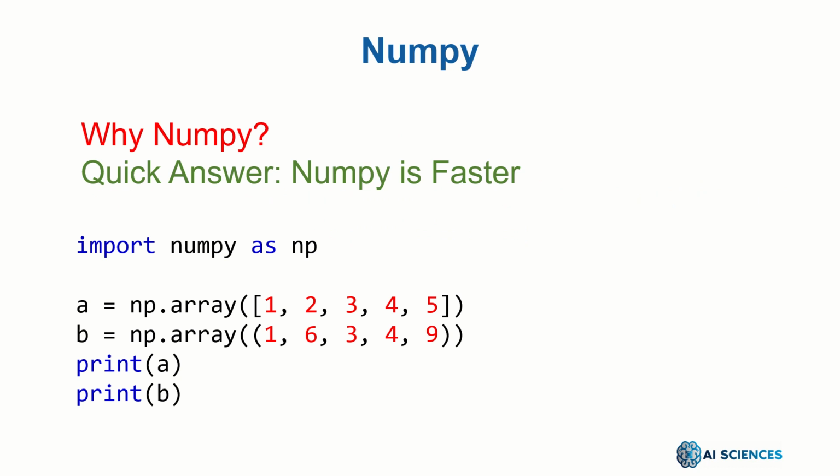Basically, this Pandas package is built on top of NumPy. And NumPy is a really powerful package for working with arrays in Python. There are other array or list variables supported in Python, but NumPy is really, really faster.